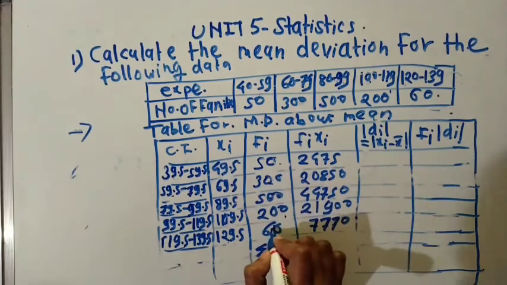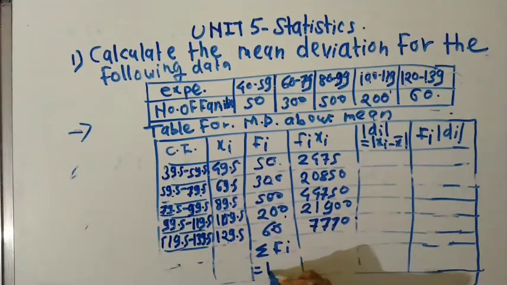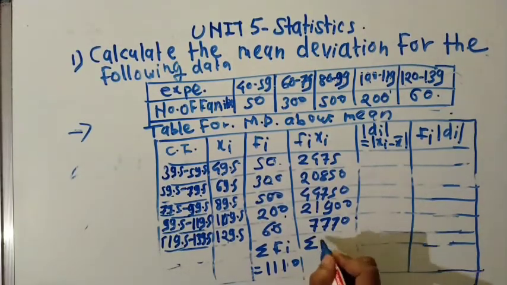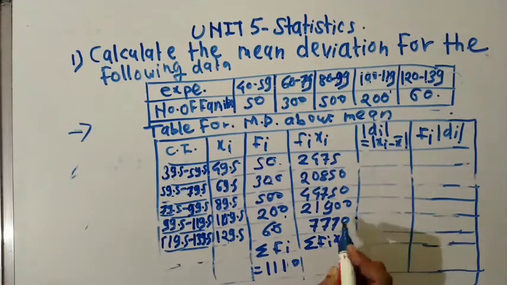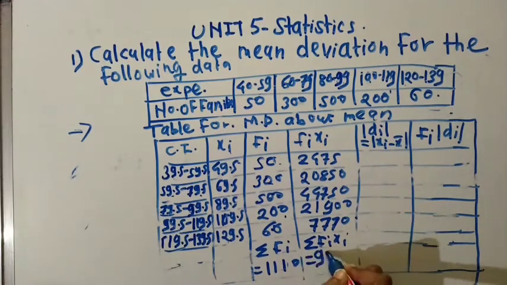Then find out summation of fi. All this addition is 1110, and summation of all this addition is 97,745.